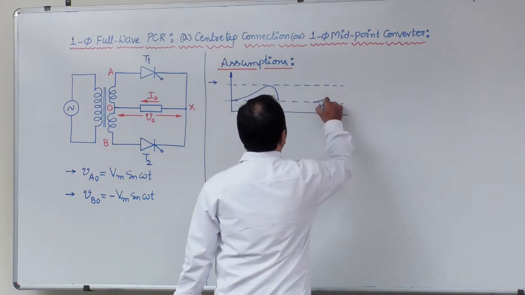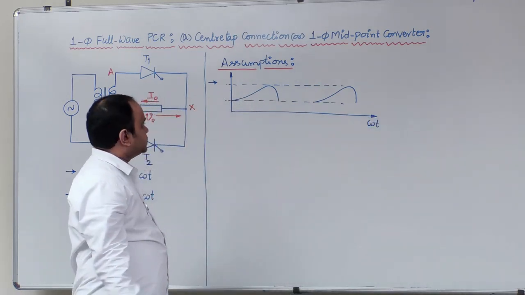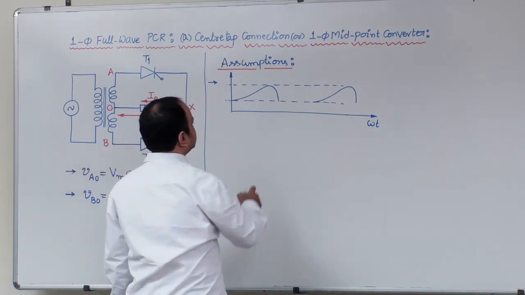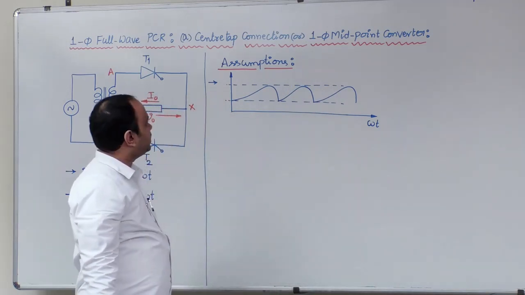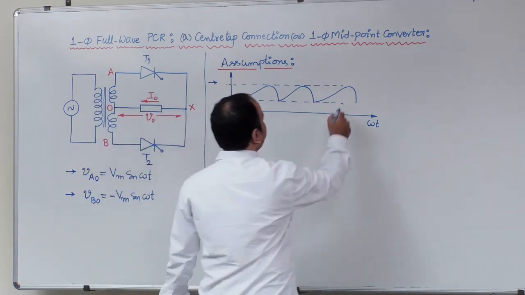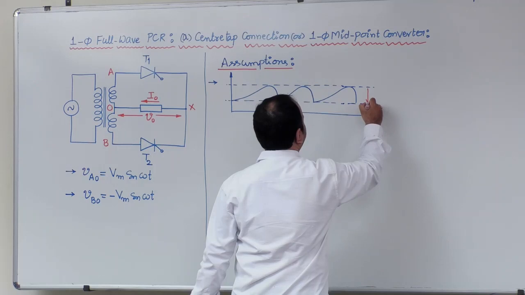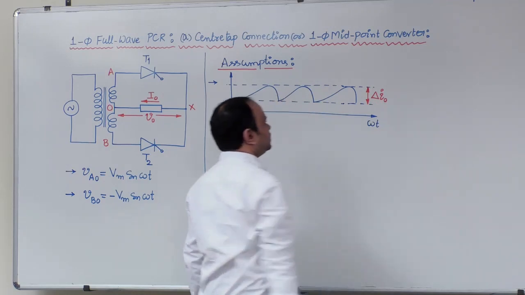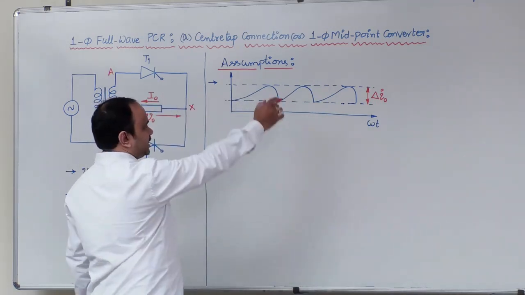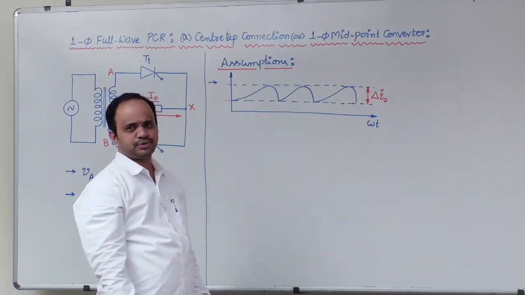Because of half wave rectifier action, it has only one pulse for one cycle, right? When you consider a full wave rectifier circuit, in one cycle itself we may have two pulses. It will be like this. Now in this particular waveform pattern, this peak to peak difference is represented with the symbol delta I naught, where delta I naught is called the peak to peak ripple current in the output, right?